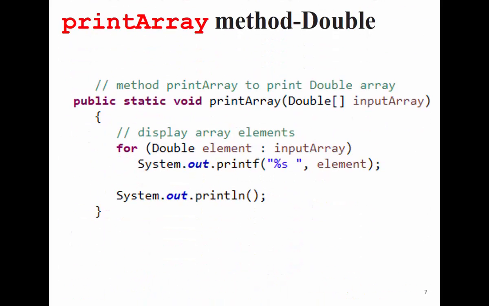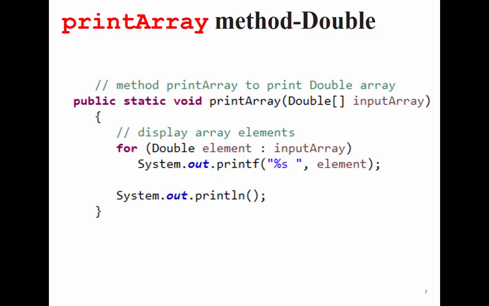Look at this version for printing the double array: the same name of the method, the same public static void. So return type is not part of the signature. The parts of the signature are the name of the method and the list and types of the parameters inside this method. So here the parameter is the input array of type double.